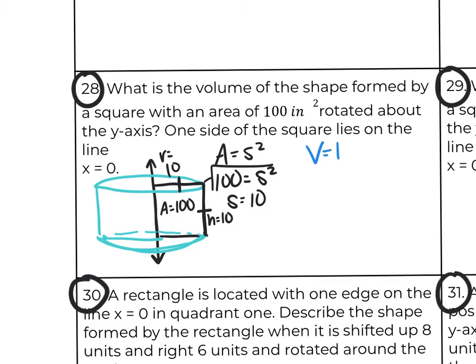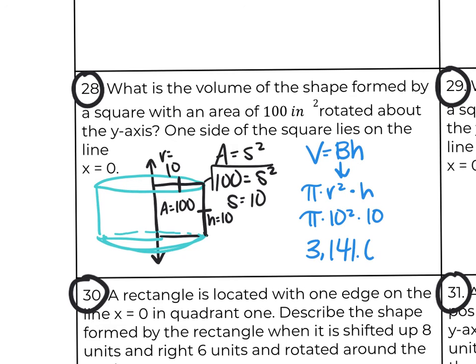Volume is base times height, but since the base is a circle, we will do pi r squared times height, and we just plug in. So pi times 10 squared times 10 gives us 3,141.6.